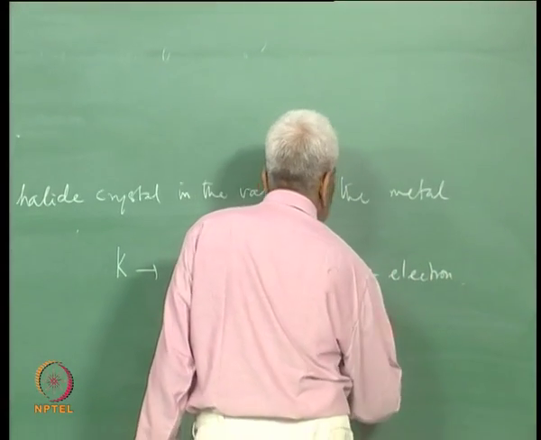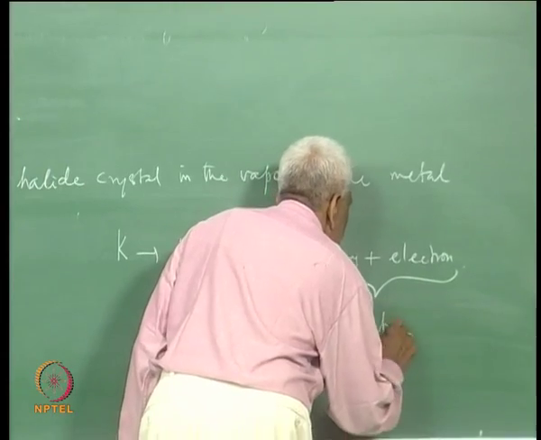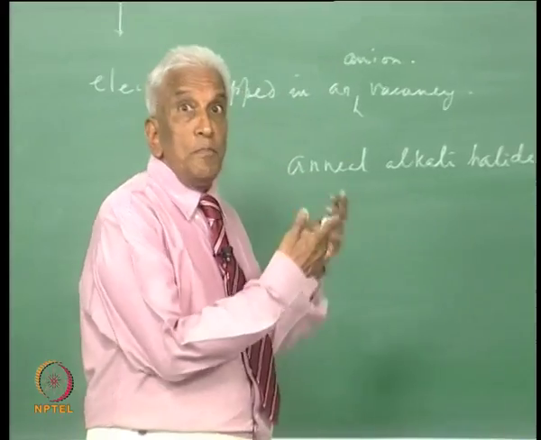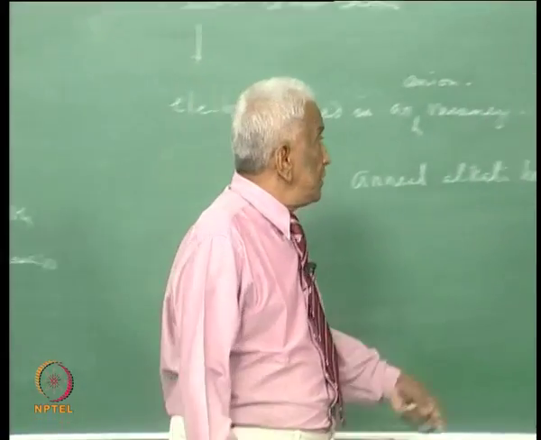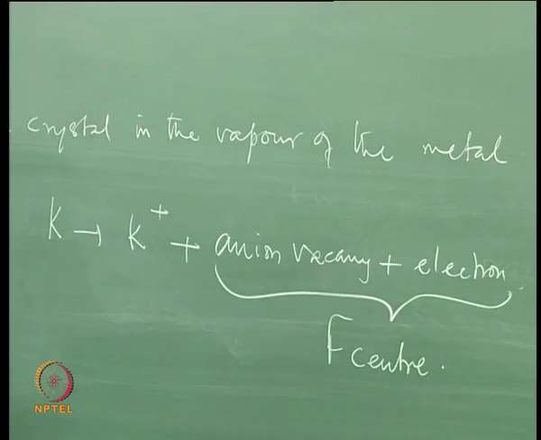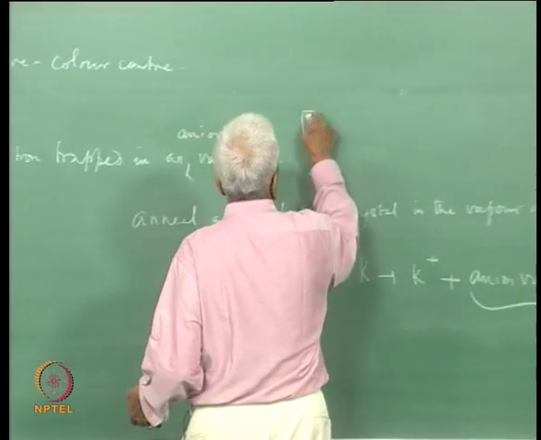So, this is the F center. The electron bound to this anion vacancy is known as the F center. F for Farbe, which is the German word for color.